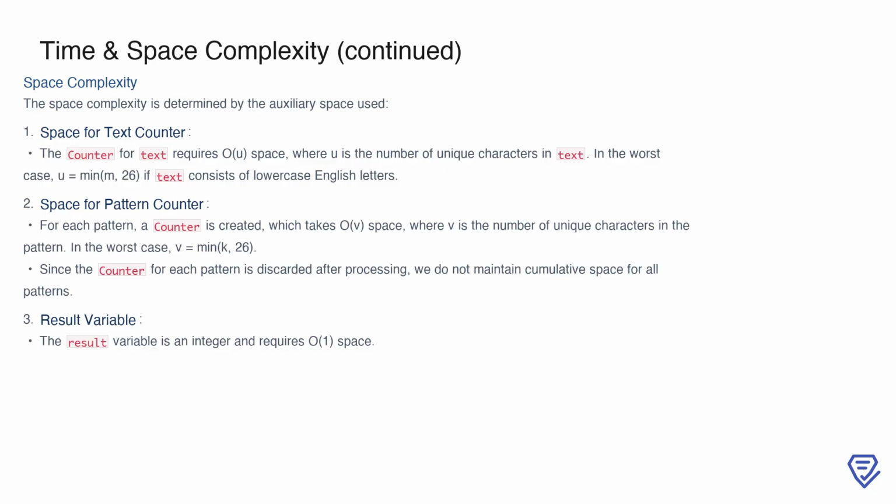Next, for each pattern, we create a counter, which requires V space, where V is the number of unique characters in the pattern. Similarly, V is capped at 26 if the pattern only contains lowercase letters. However, since we discard the counter for each pattern after processing it, we do not accumulate space for all patterns.